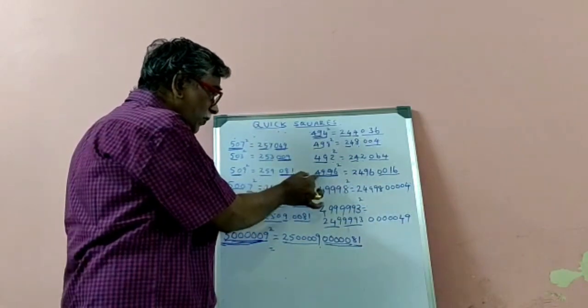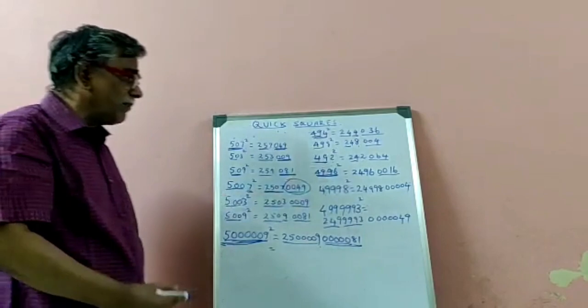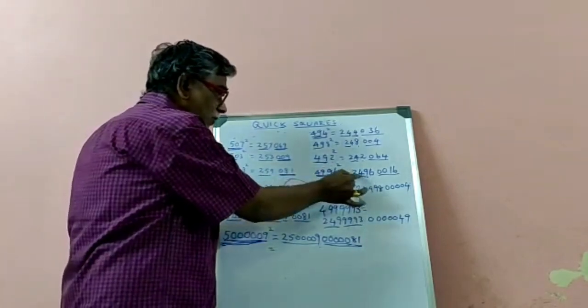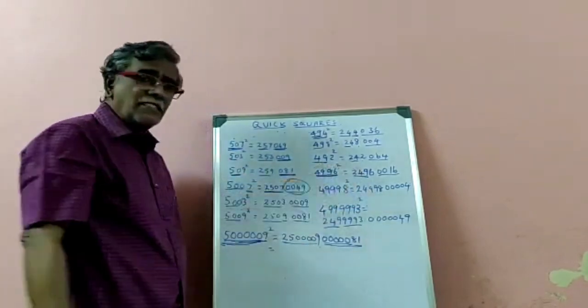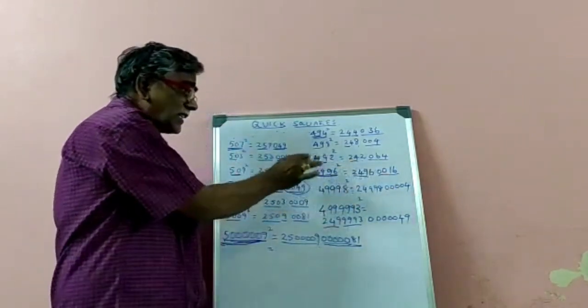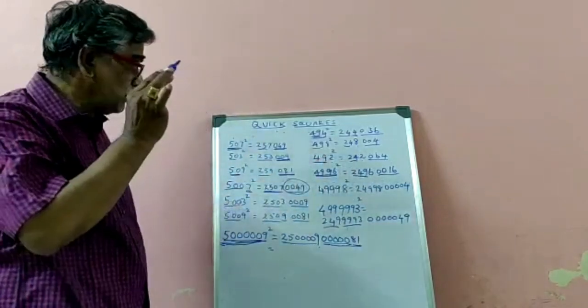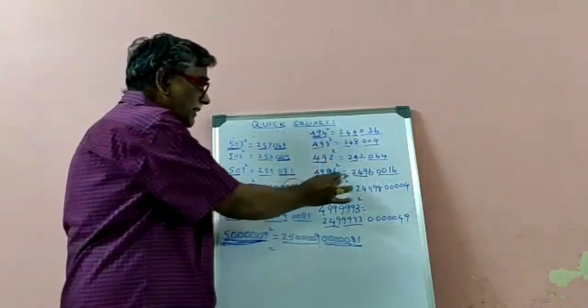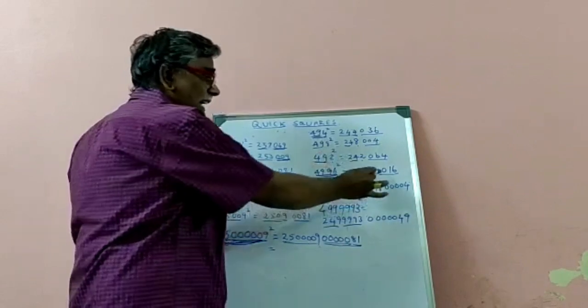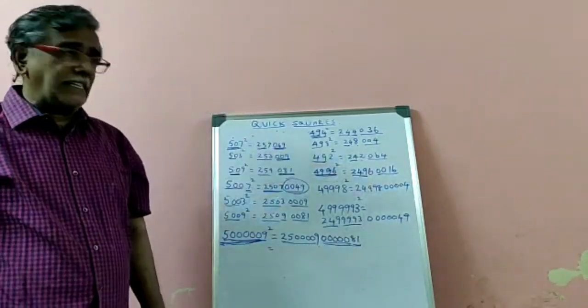And here 499. You take this 499 and half of it, or you divide by 2. You get 249 as quotient and put 6 as it is. Here you are taking how much less to 5000 and here you are taking 6 as it is. You should bear that in mind. So answer is 2496 and then 0016 is the answer for 4996 square.